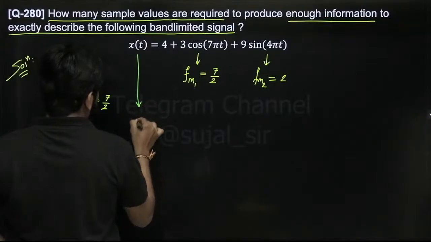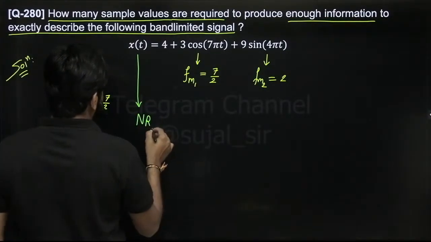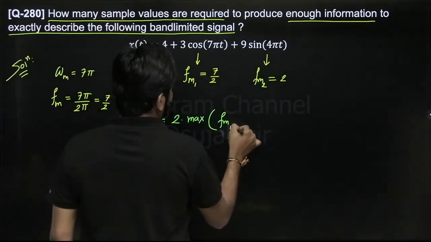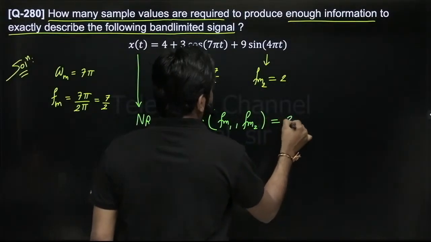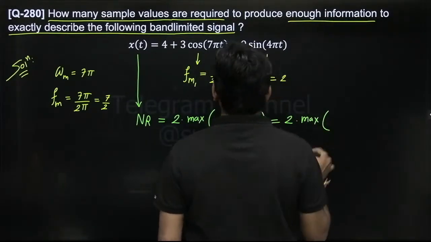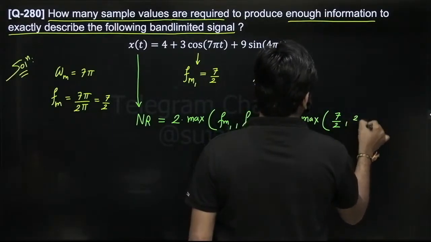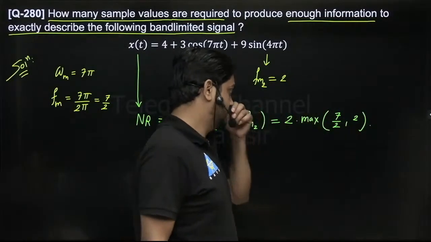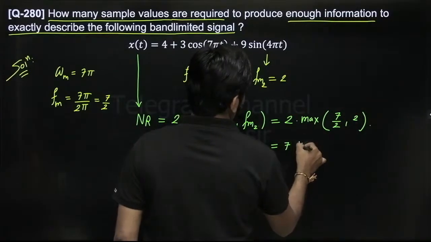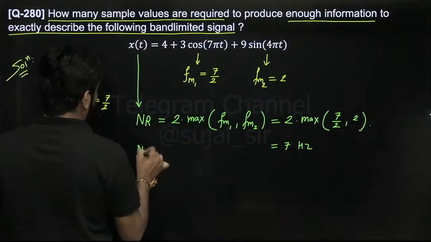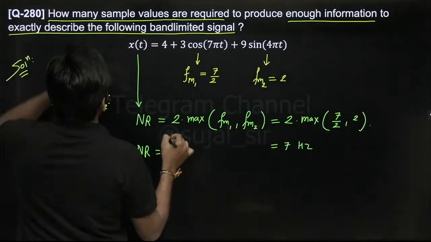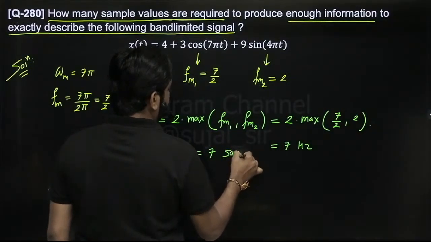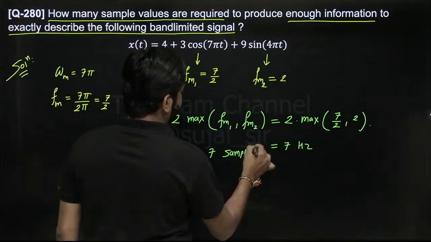The Nyquist rate is nothing but the minimum sampling rate, that is twice the maximum of fm1 and fm2, that is twice the maximum of 7/2 and 2. 7/2 is nothing but 3.5. So it will be 7 hertz. So the Nyquist rate, the minimum sampling rate, is nothing but 7 hertz, and one more unit is 7 samples per second.